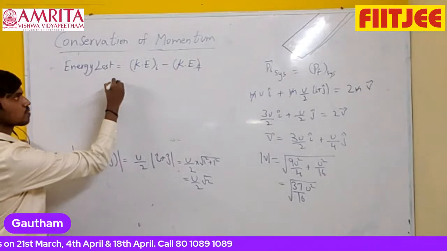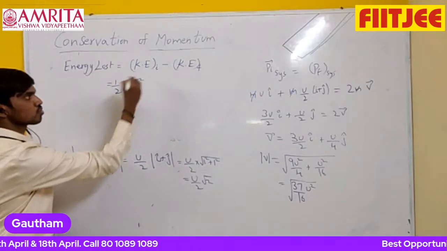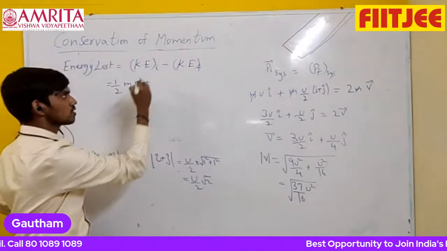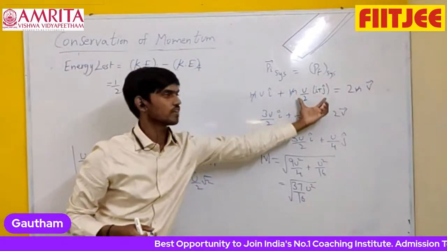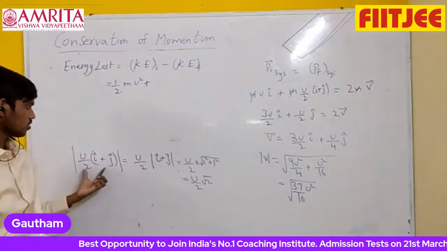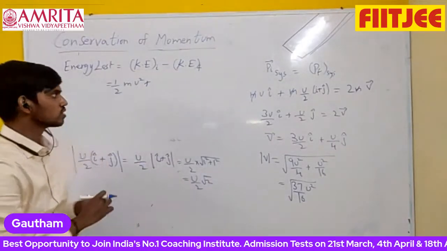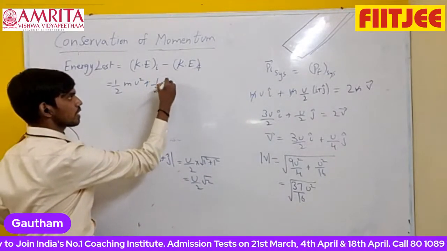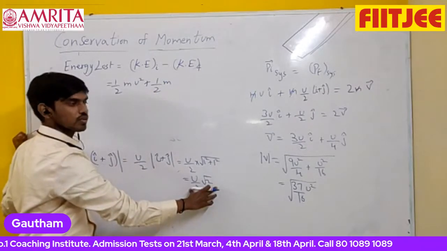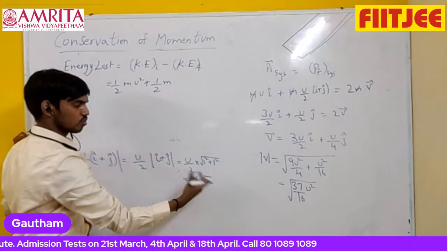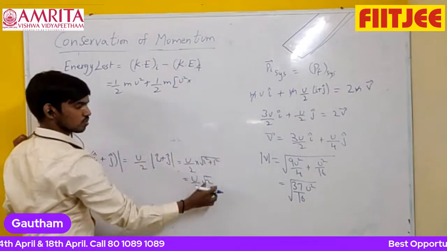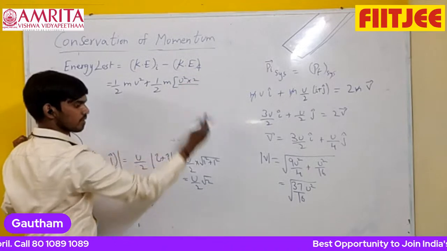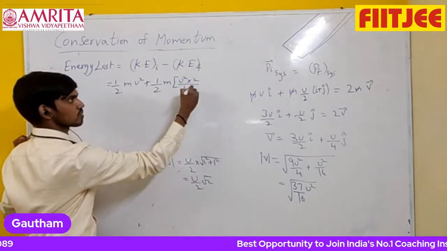So half into m into u square plus, second mass is also m, second mass velocity vector is this, magnitude of velocity is this. So half into m into this speed whole square. So when we take the magnitude whole square, we get u square into root 2 whole square divided by 2 square.